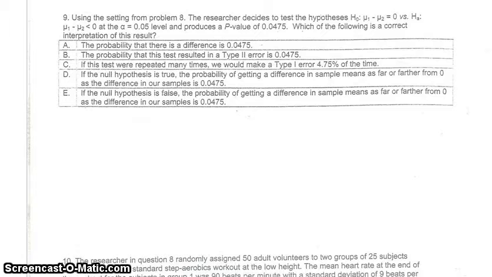Okay, so now we're still looking at number 8, and now we've set up our hypotheses. We think that it's going to be less than. We have a p-value. Which of the following is correct considering our alpha level is 0.05? So hopefully we're going to recognize that p is less than or equal to alpha, which means we should reject, right? And then it says interpretation of the result.